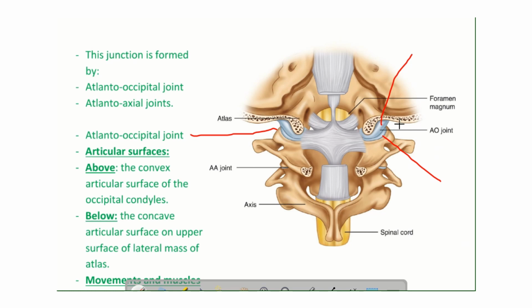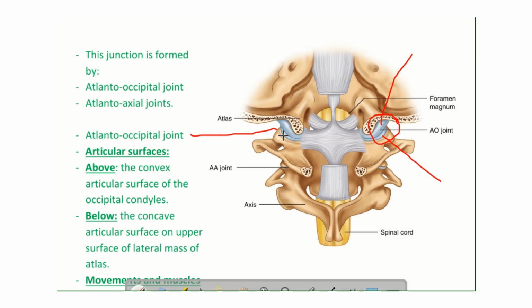It is a synovial joint, of course bilateral, right and left, between the inferior articular surface of the occipital condyle and the superior articular facet of the atlas.